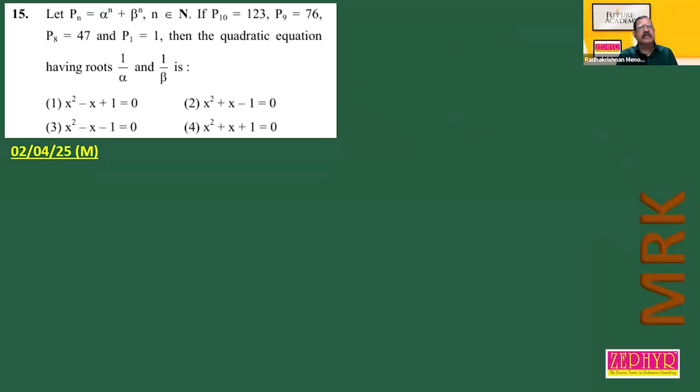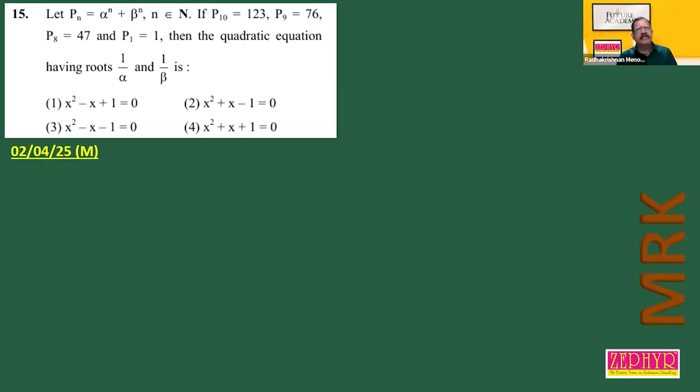Next question. You have to find out the quadratic equation. Pn equal to alpha raised to n plus beta raised to n. Quadratic equation is not given. Previously, you had to find out the value of the expression in Pn.